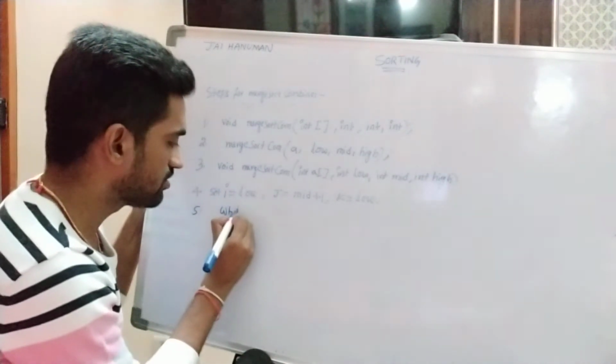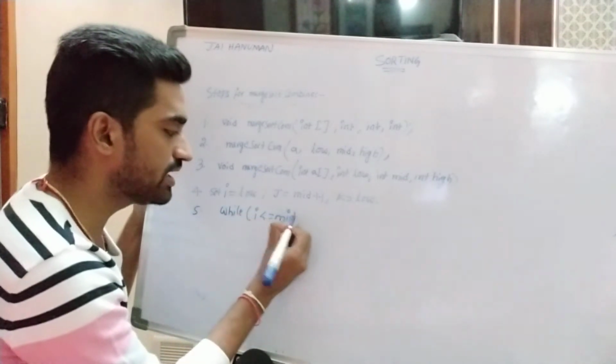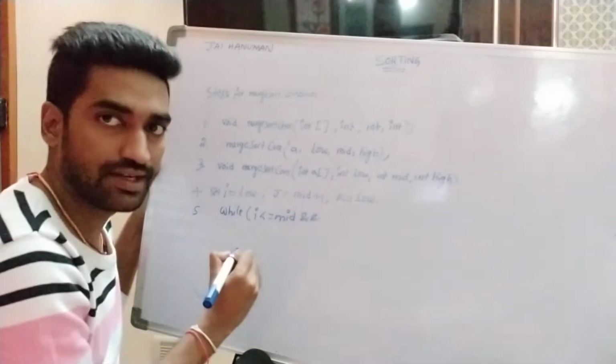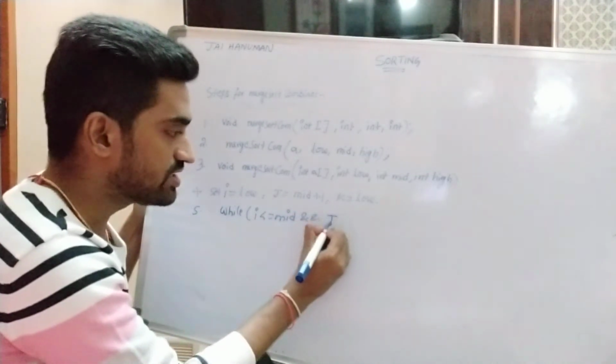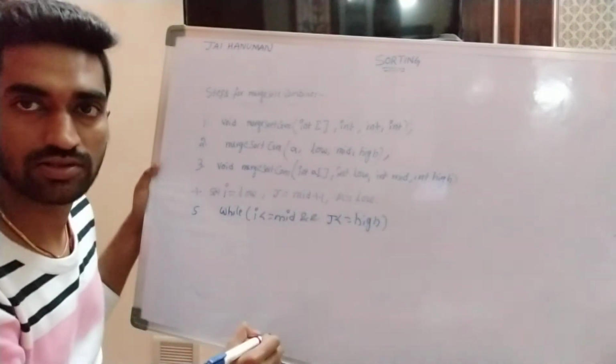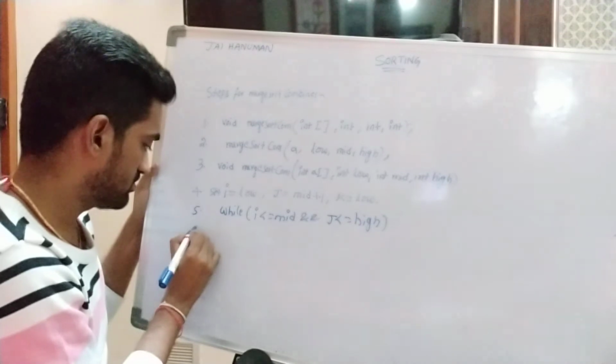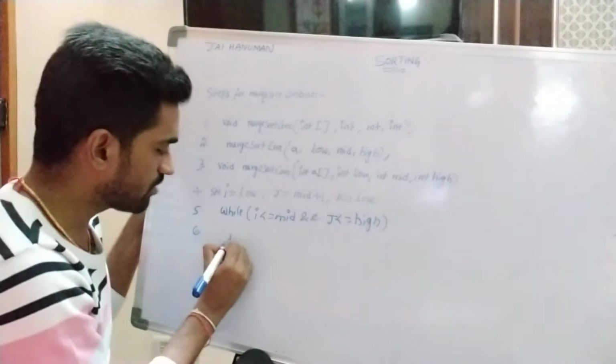While i less than or equal to mid, logical and j less than or equal to high, then we are checking one more condition.